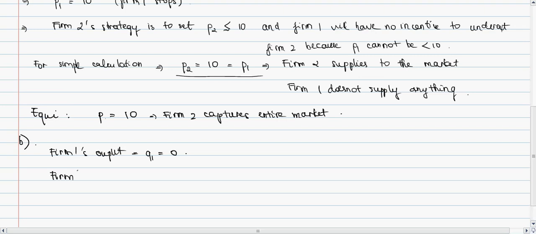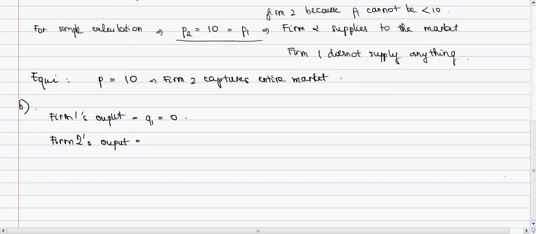Now firm 2's output. Alright, so now firm 2 is the only firm that's supplying to the market, so it will be serving the whole market at the price equal to 10. Now using a demand function, we know that Q2 is going to be equal to big Q, because whatever firm 2 is supplying is going to be the total quantity supply in the market.